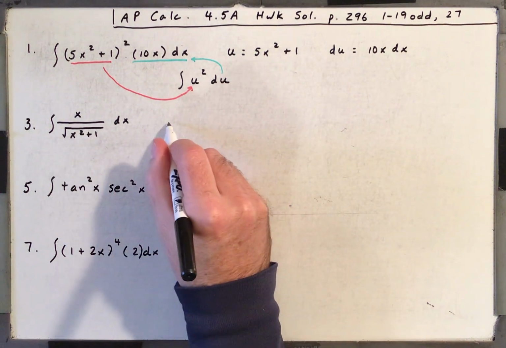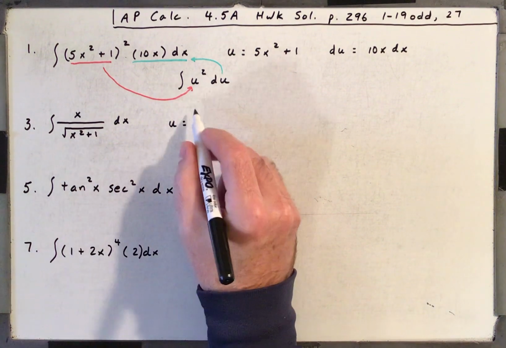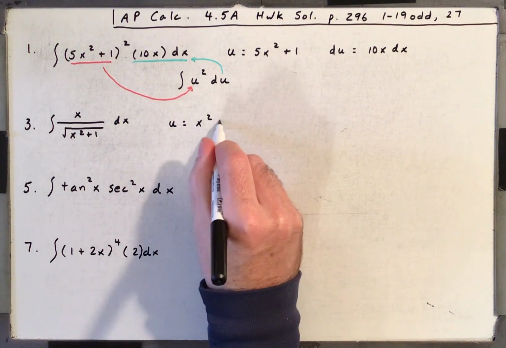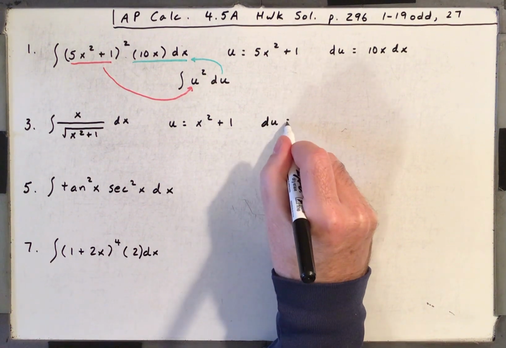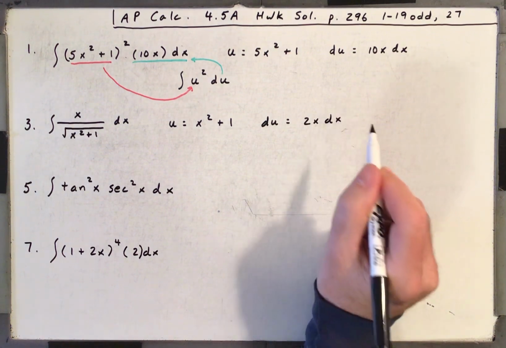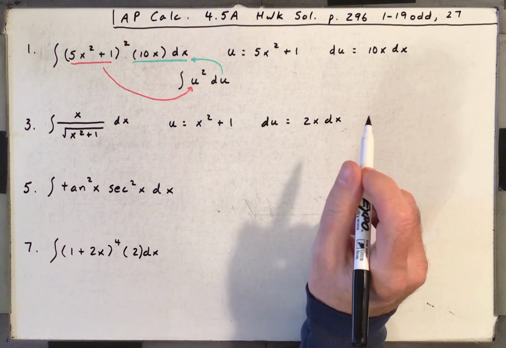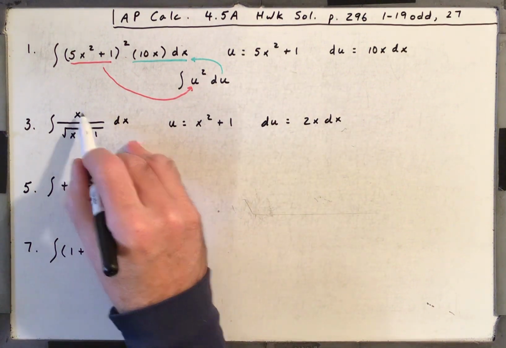Okay, number 3, what makes sense to be u here is x squared plus 1. Because then du, if we take the derivative of u, it's 2x dx. All right? And then we can adjust the du because we need x times dx.